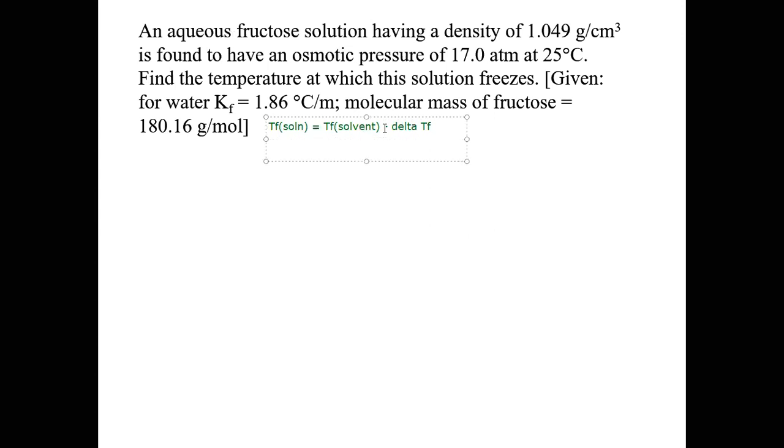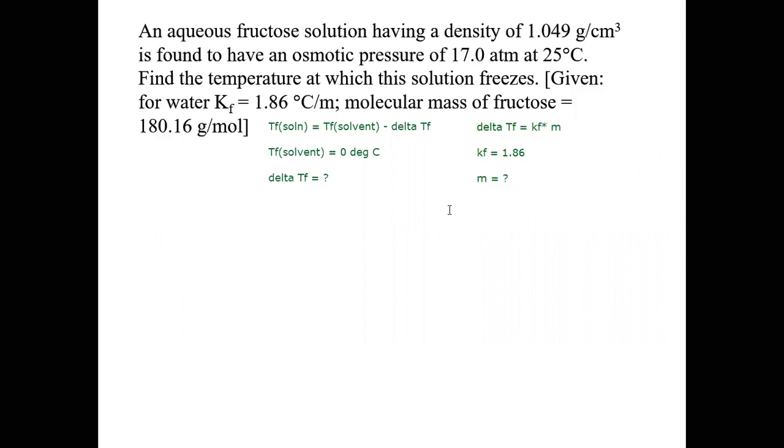Do we know the Tf of the solvent? Yes, it's 0 degrees Celsius. Do we know delta Tf? No. We need to find delta Tf in order to calculate the freezing point of this solution. What's its equation? Delta Tf equals Kf times molality. Do we know Kf? Yes. Do we know molality? No.